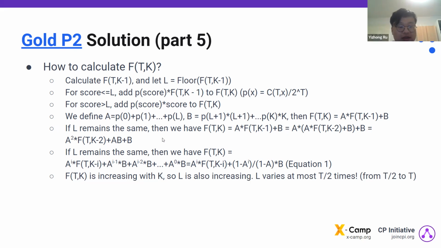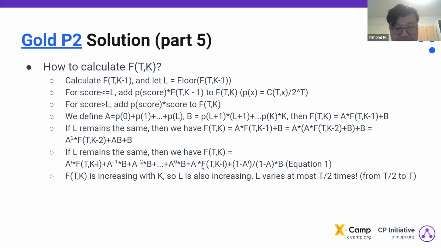And then we can know the relationship between FTK and FTK minus 3, FTK minus 4, something like that. So if L remains the same, then we have FTK equals the i's power of A times FTK minus i plus the i minus 1's power of A times B, and so on.